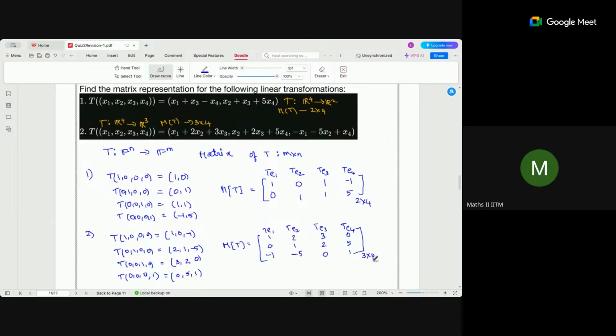So the matrix representation for any transformation, is it clear for everyone? Yes? Okay. Now suppose you are given the matrix and you are asked to find the transformation. How will you do it, the other way around? You will simply multiply this matrix with x1, x2, x3, x4.